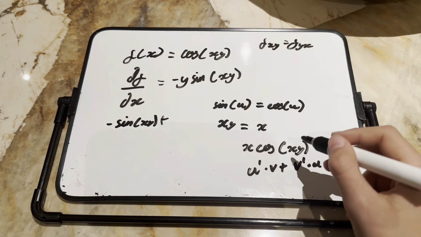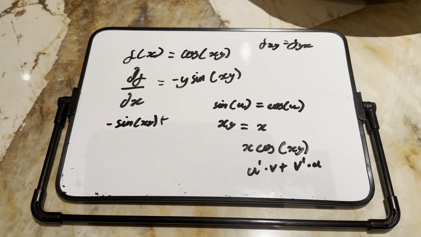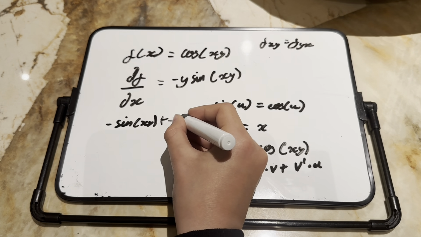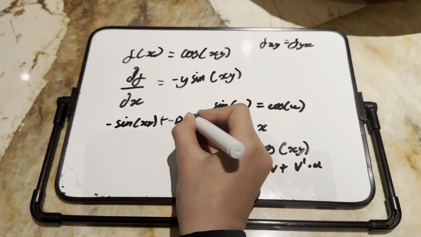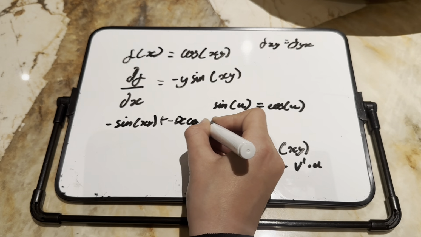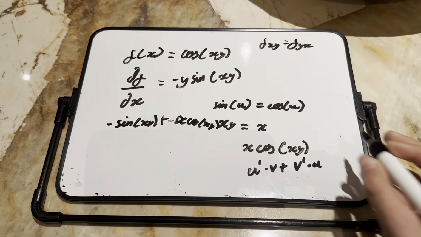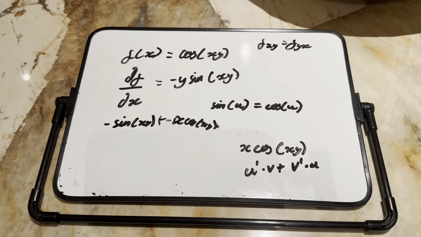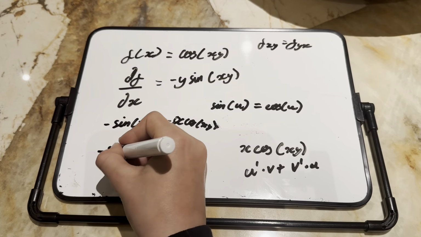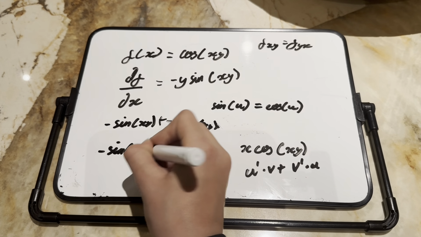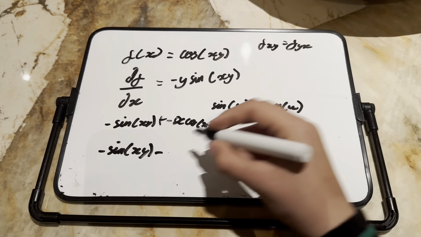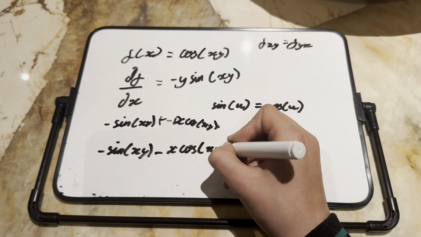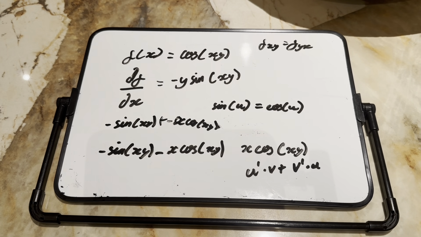Well, we know it is x cosine of xy multiplied by negative 1, is negative x cosine of xy. Next, we just know that this is negative sine of xy, and plus negative x cosine of xy. Now that is our answer.